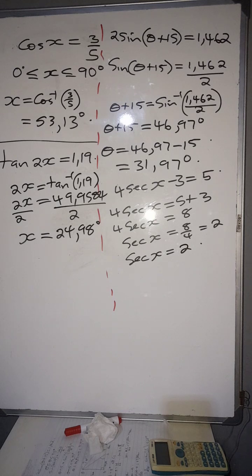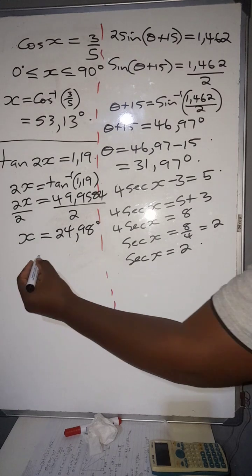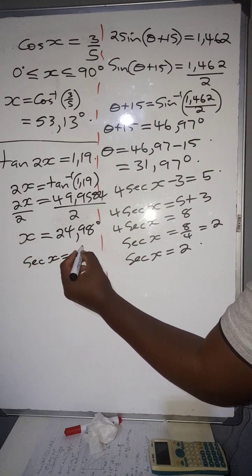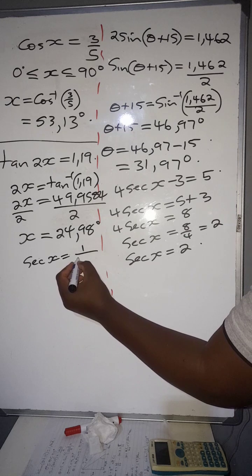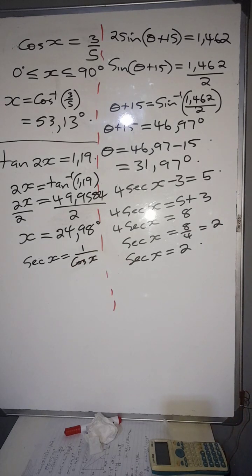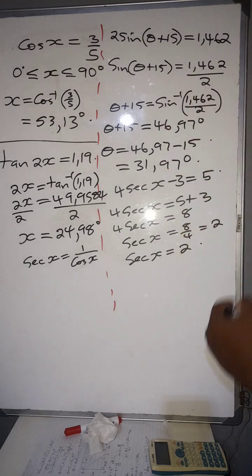Remember, when we deal with reciprocals, if you have sec x, remember sec x is equal to 1 over cos x, right? So this one, to convert it to cos, is a matter of flipping it.